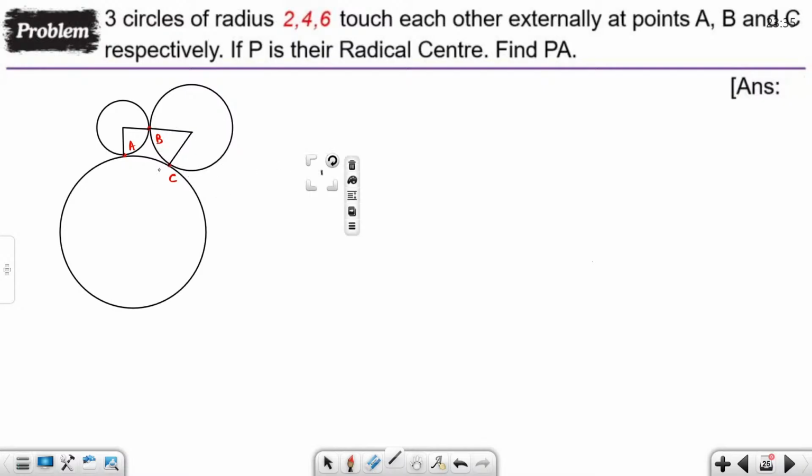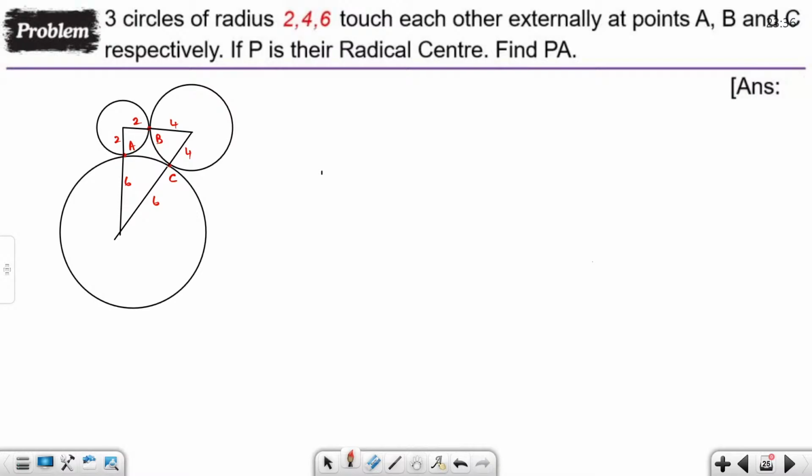And for the third circle, the radius is 6. So this is also 6. This is also 6. Am I correct? Right? So if you observe, this length is 2, this is 2, this length is 6, this length is also 6, this is 4 and this is 4. Correct?